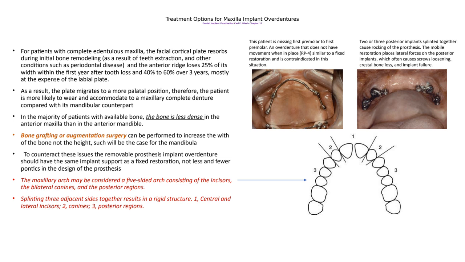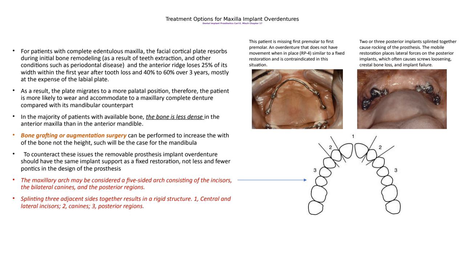And also we have to be careful that the maxillary arch might be considered a five-sided arch consisting of the incisors, the bilateral canines, and the posterior region.